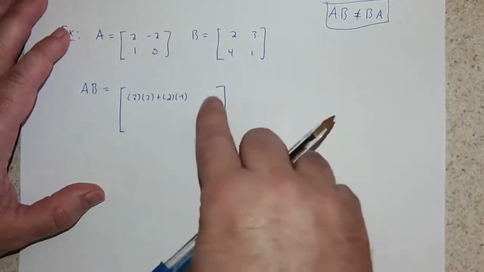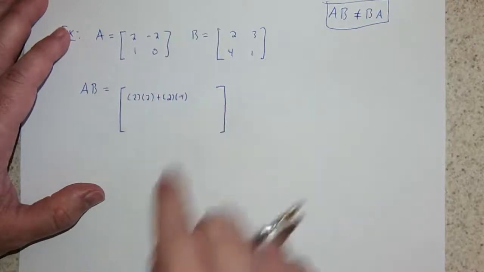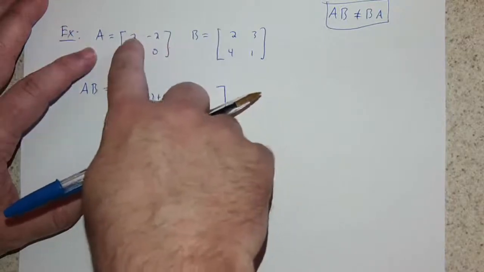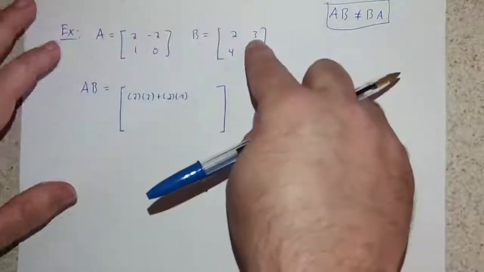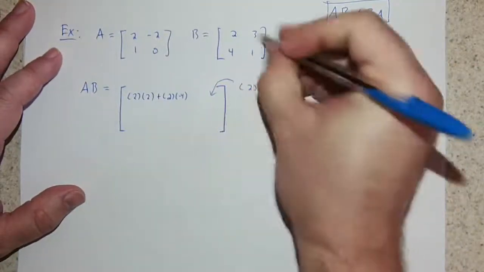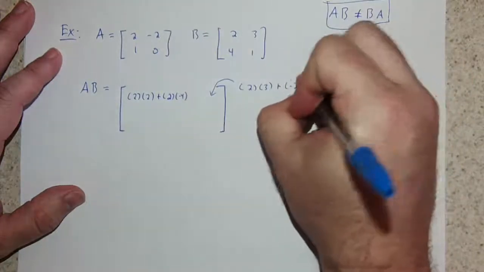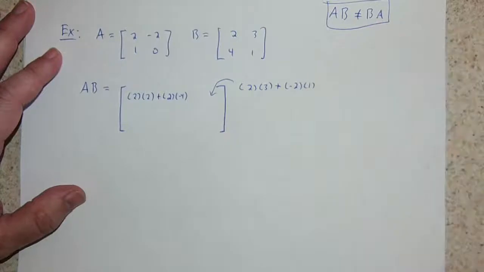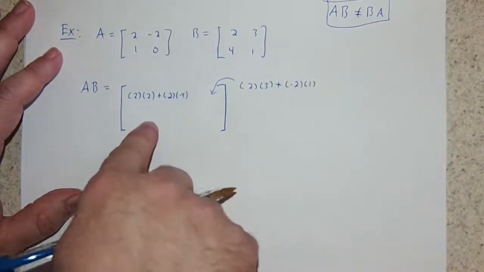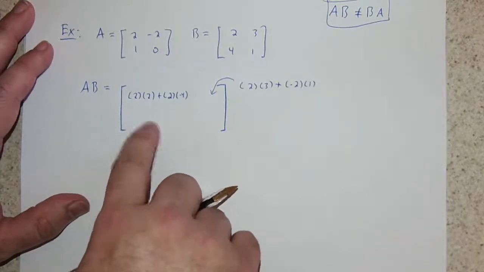Okay. In the first row, second column slot, I would take the first row of A, 2 minus 2, transpose it, and dot it with the second column of B. So this would be 2 times 3 plus minus 2 times 1. And this entry would be the second row, first column.